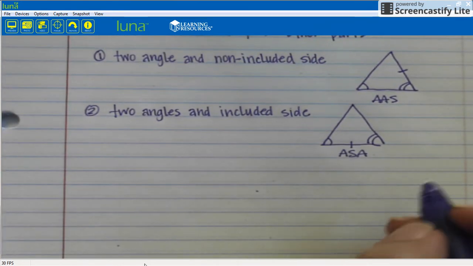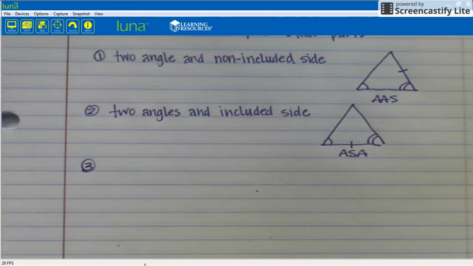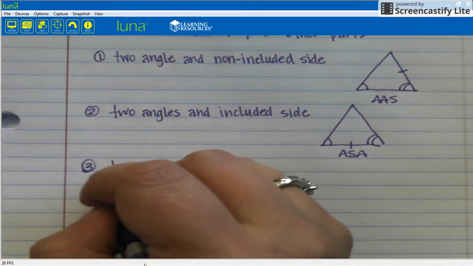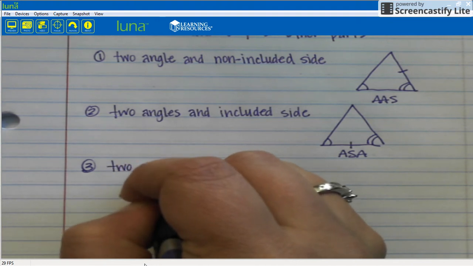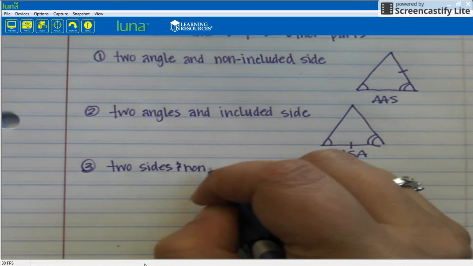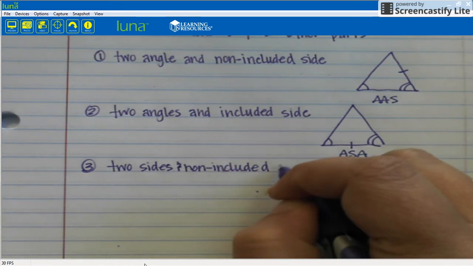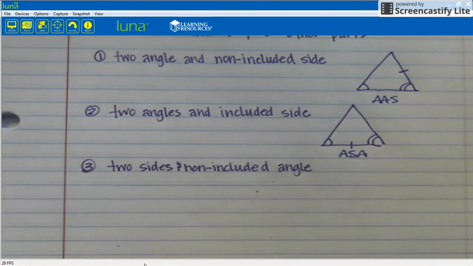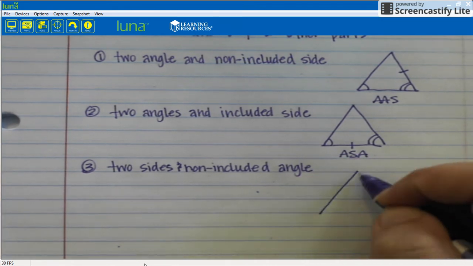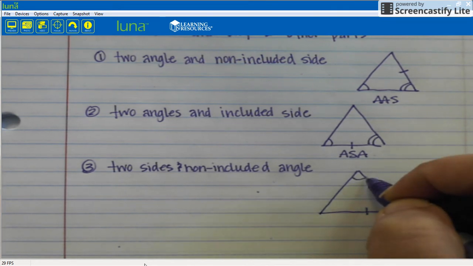And then the last case we'll look at today is what we refer to as side side angle, even though you're not allowed to have that with congruence. And so this is when you're given two sides and the non-included angle. So what that looks like in a diagram is I know this side, and I know this angle.